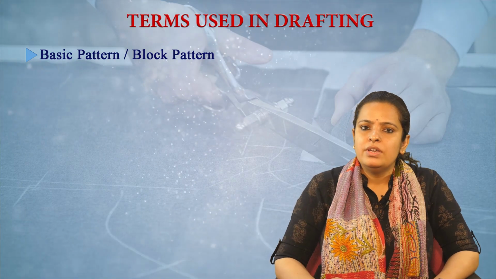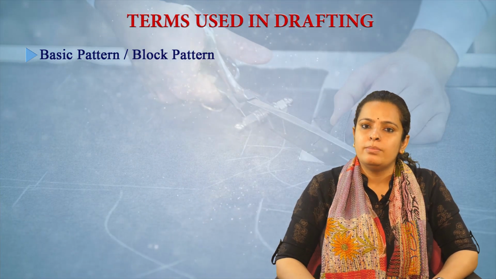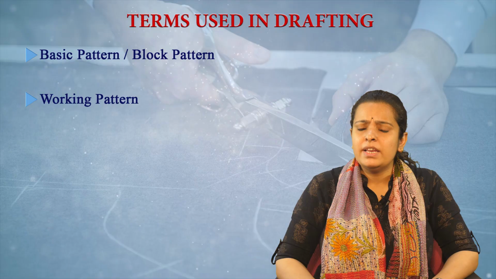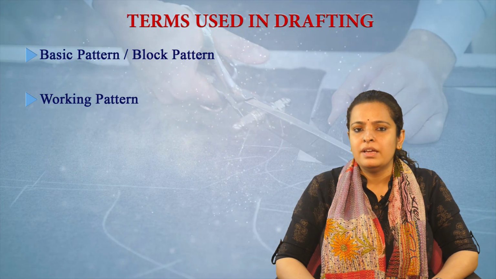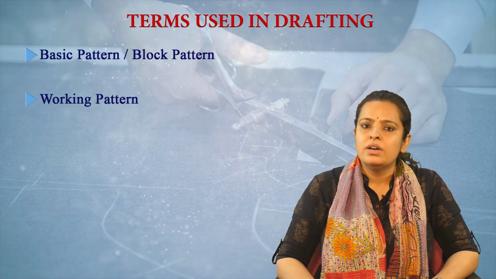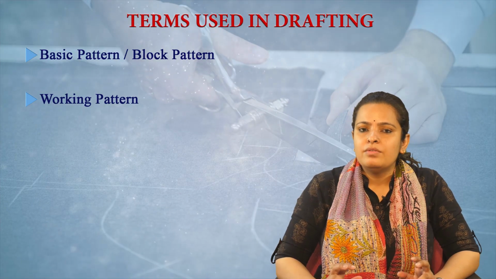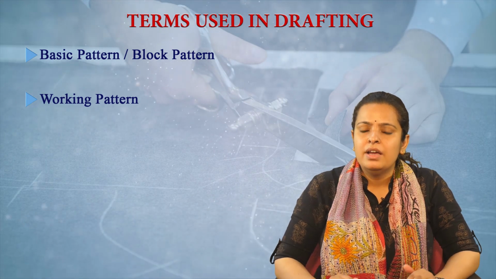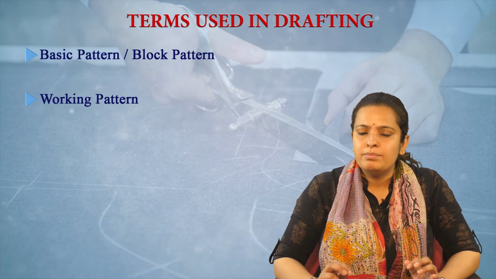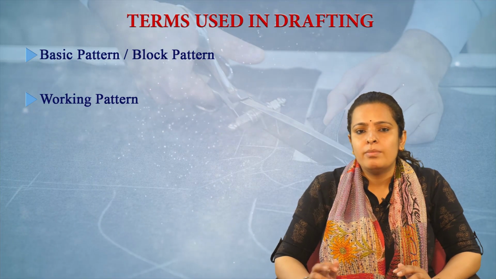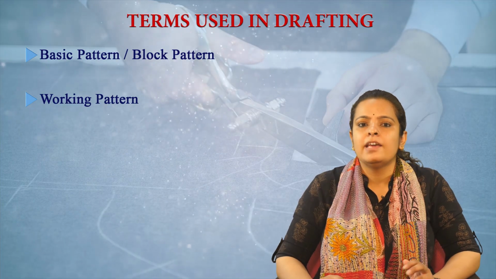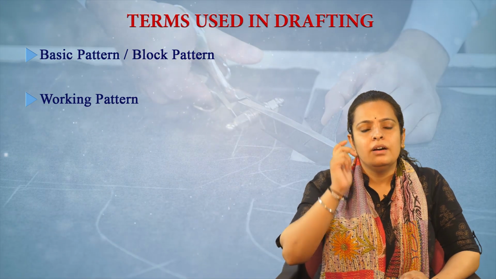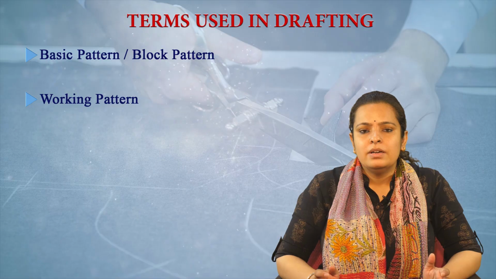So the first term we generally use is the basic pattern, or the block pattern, and then we use the term working pattern. Working pattern is also used in pattern making. It is the pattern on which, after transferring the body measurement onto the pattern paper, we adjust or add creativity, like including the ease, any technical measurement, or the design we want.